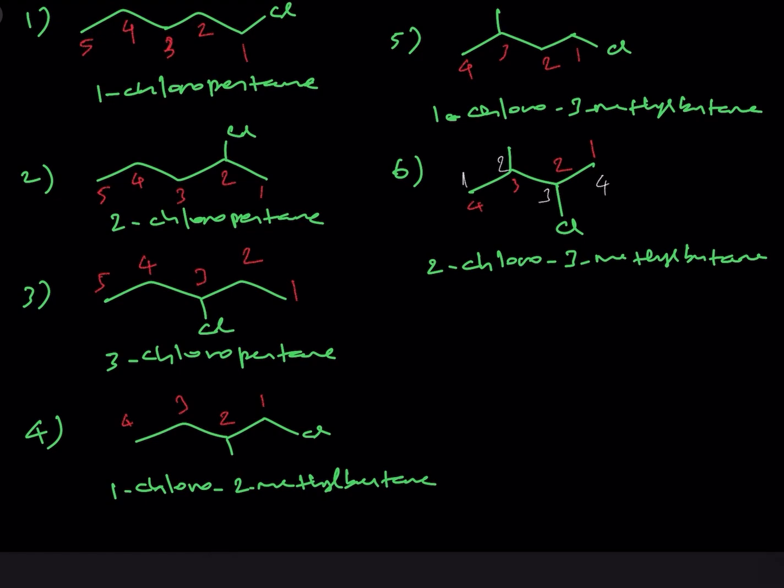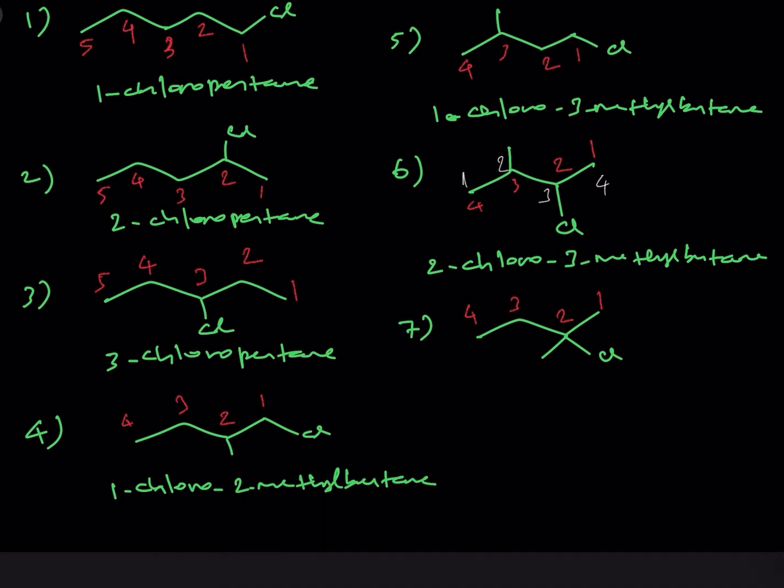Okay, let's go to the 7th one. 1, 2, 3, 4. So we can also write 2-chloro-2-methyl. 1, 2, 3, 4.